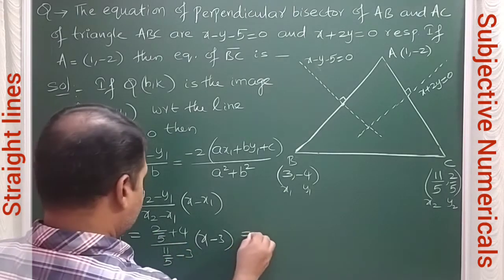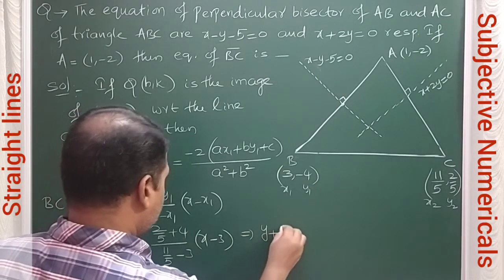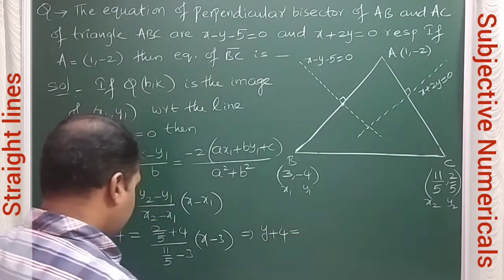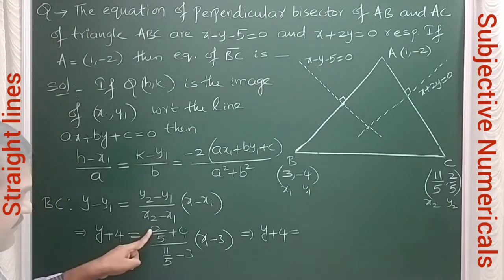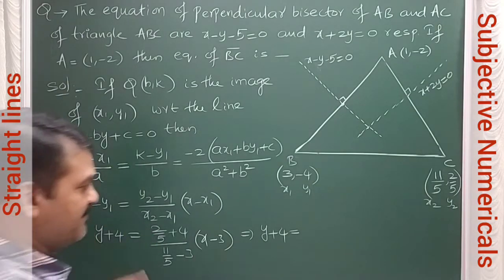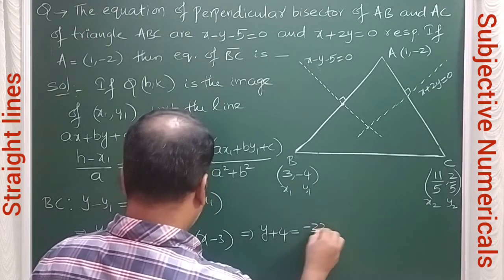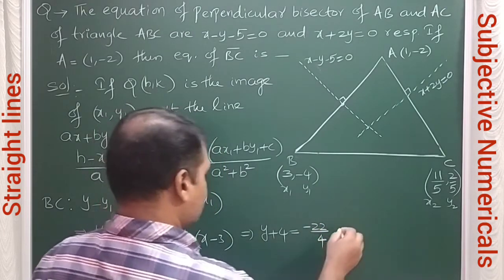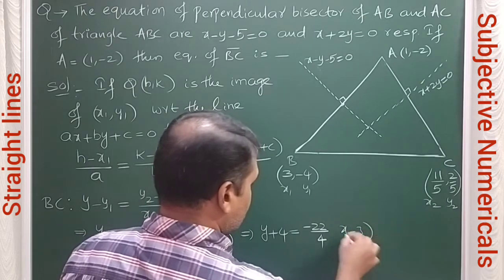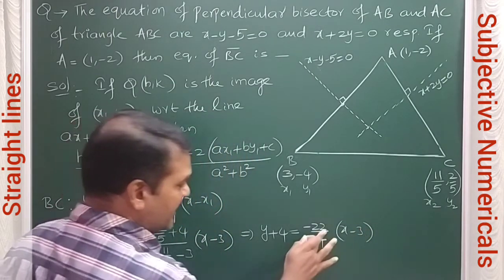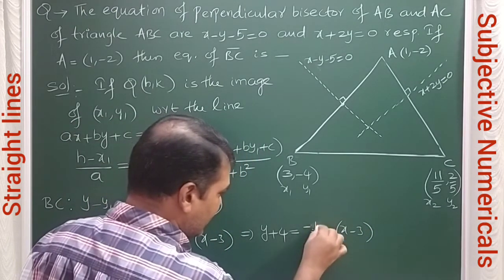So hence we get y plus 4 is equal to 22 by 5 divided by minus 4 by 5, that means minus 22 by 4. Minus 22 by 4, we can further reduce as minus 11 by 2.